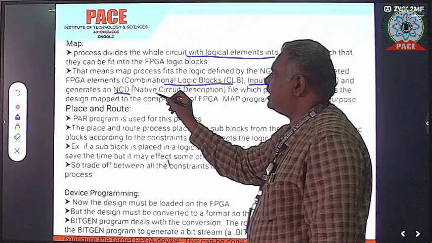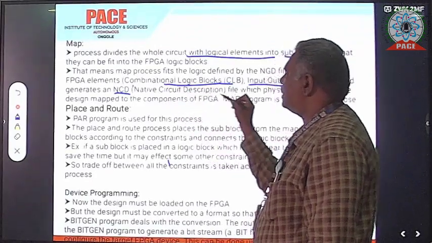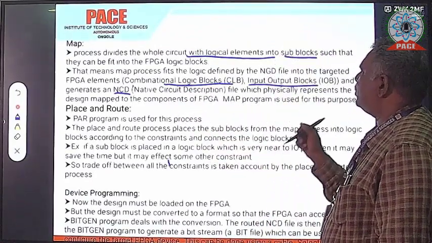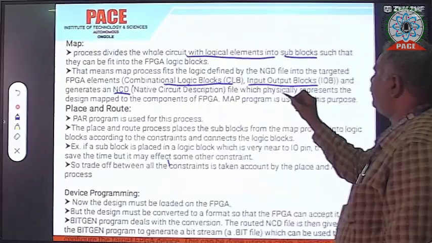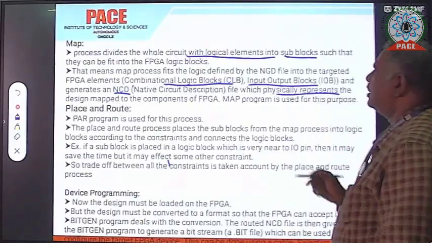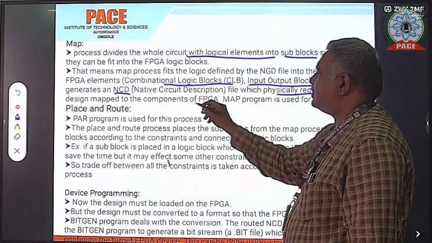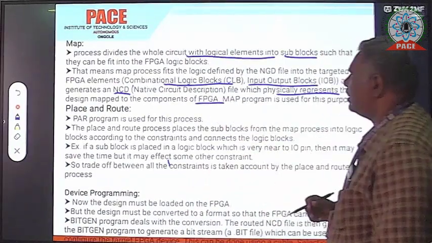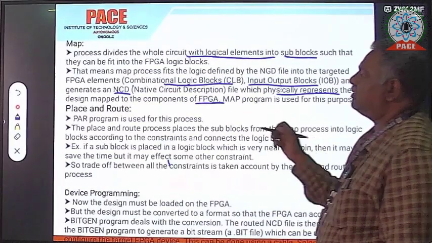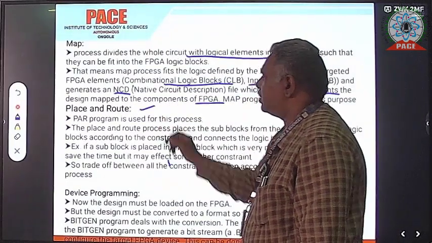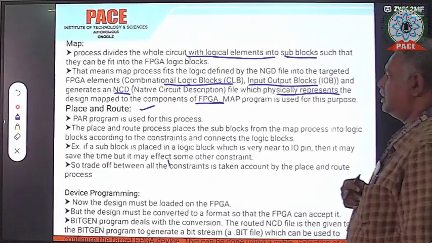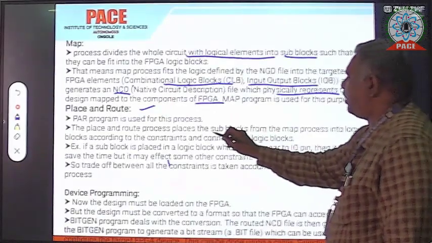That native circuit description is a physical representation, and it is mapped to an FPGA. Next, the third one is place and route. Place and route is a process that places the subblocks from the mapping process into logical blocks.